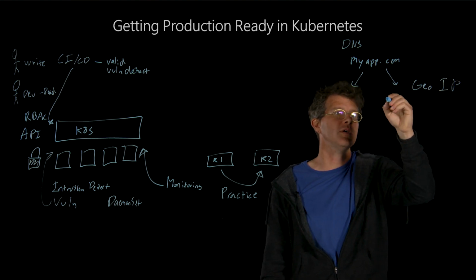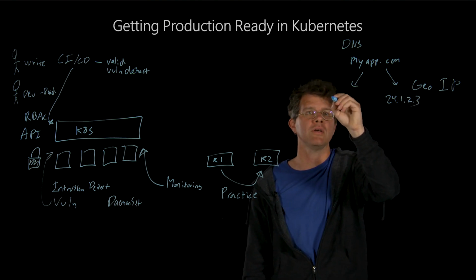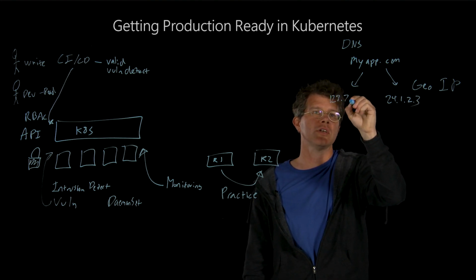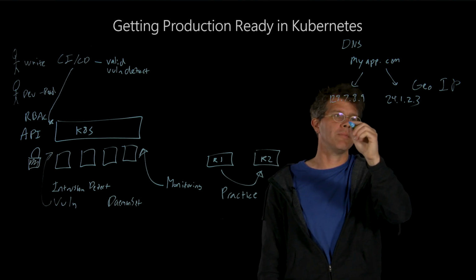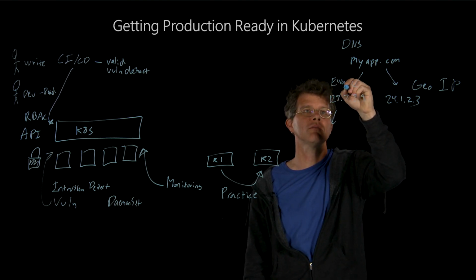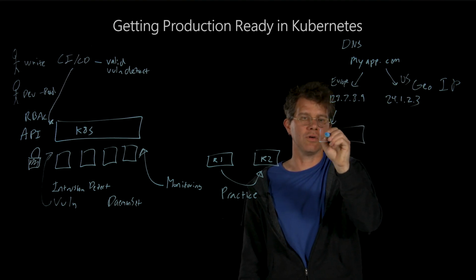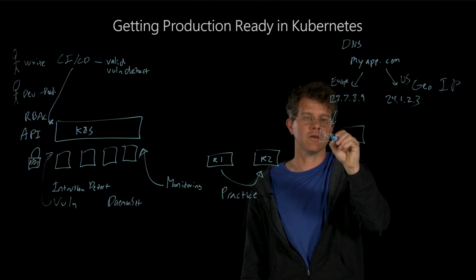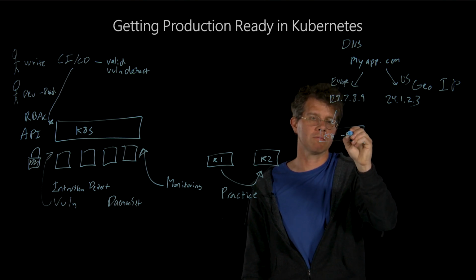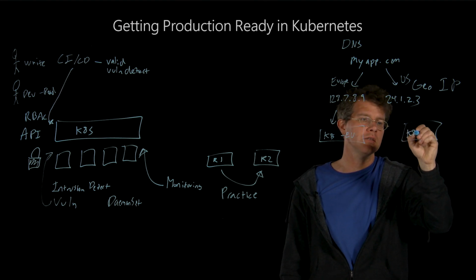So GeoIP, this could be 24.1.2.3. This might be 128.7.8.9. And this is going to go to your European cluster. Here, this is your US cluster. And this is going to go to a Kubernetes cluster in Europe somewhere. And this is going to go to your Kubernetes cluster in the US.